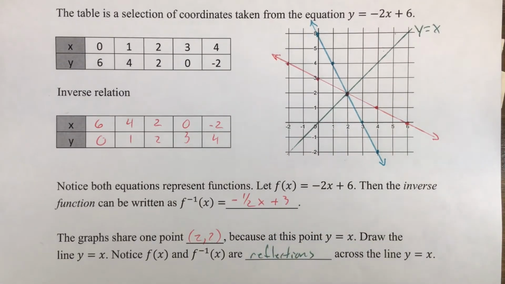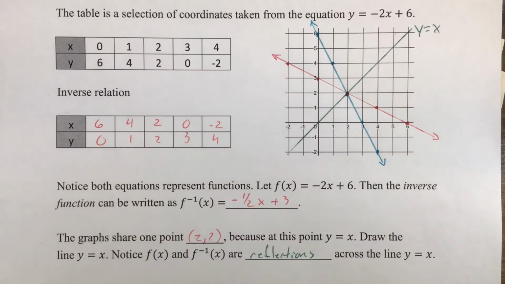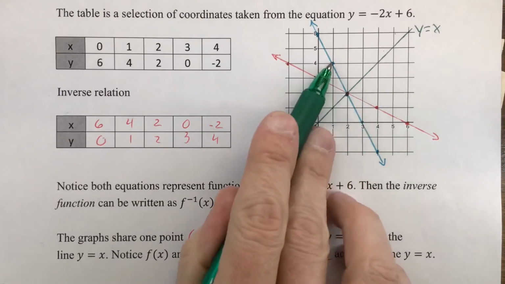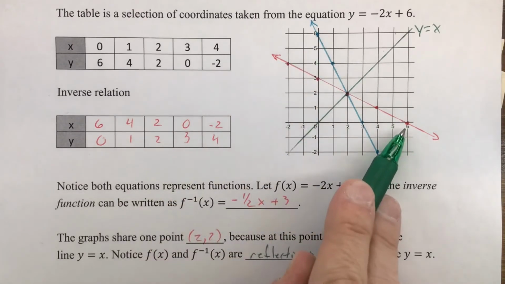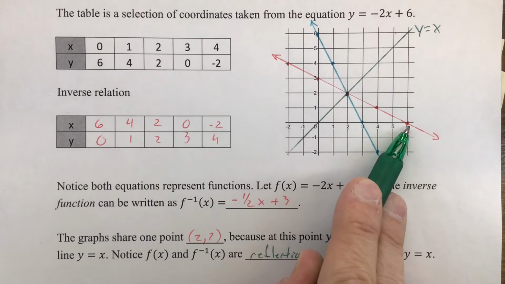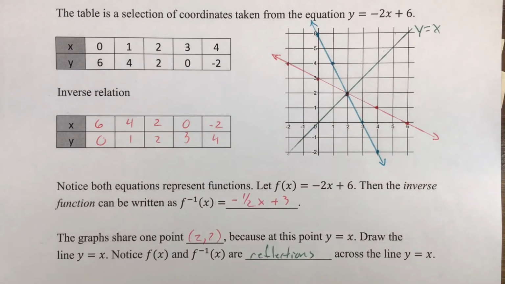For example, they meet at the same point, they cross there. But you can look at certain coordinates, such as this and this, and realize that if you were to fold this in half, these two would match up, these two would match up, these would match up. Those are easier to look at because they're actually intercepts. Okay, the x-intercept of 6 matches the y-intercept of 6, and so on.